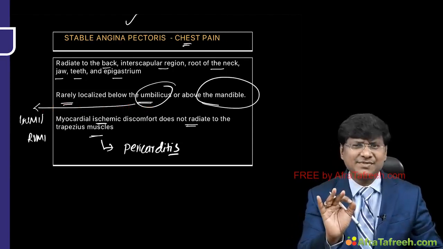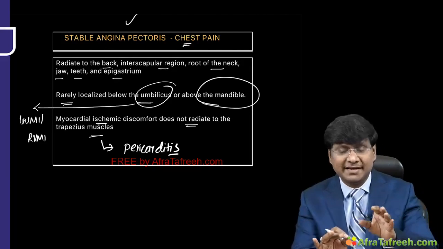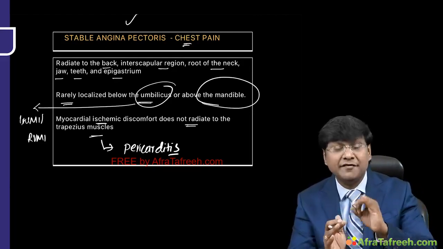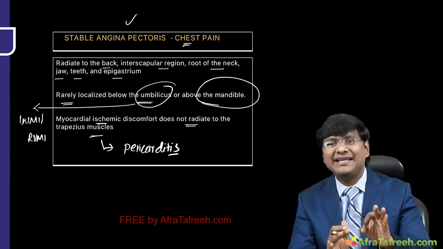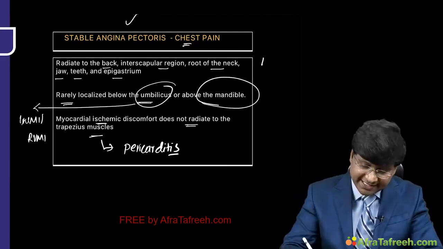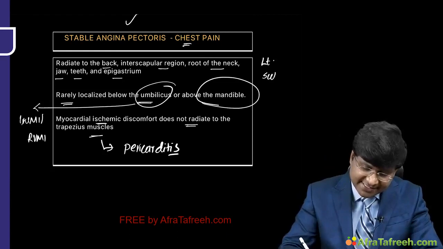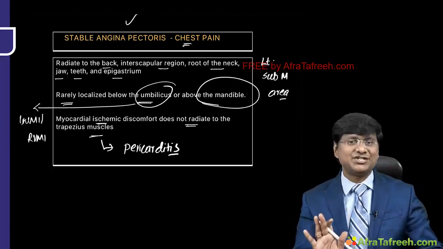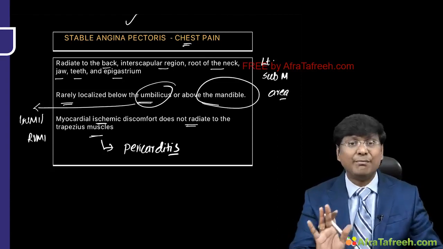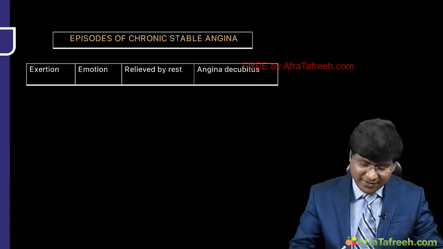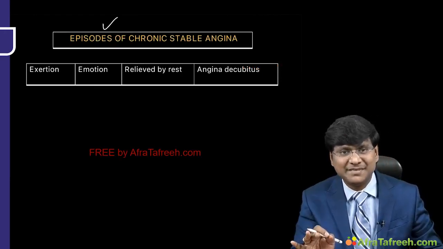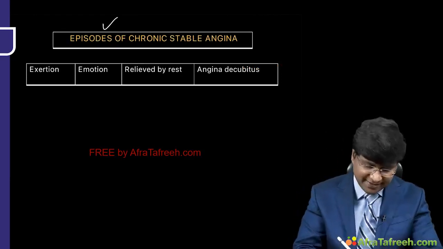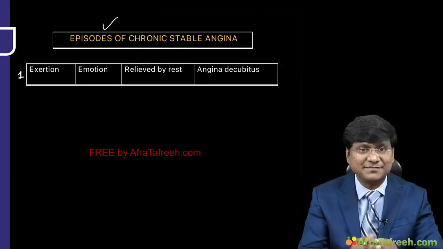And sometimes in females, there can be sharp, fleeting chest pain, which is of dull in character, localized in the left submammary area. Okay, that is occasionally due to myocardial ischemia. Now, if you see the episodes of the chronic stable angina, these episodes, they are caused by, number one, exertion.